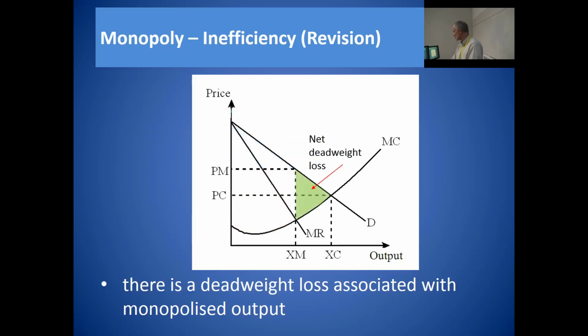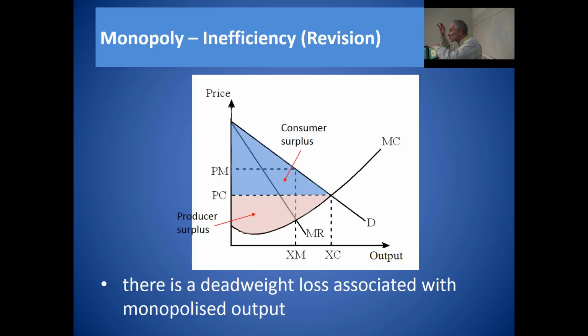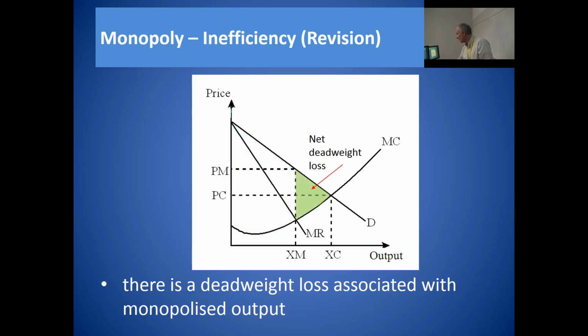But if you compare that to the previous diagram, you'll see that the sum of those two areas is smaller. The monopolised output, the restriction of output, forcing up the market price, means that this area here is not gained by anybody. It's not gained by the producer, it's not gained by the consumer. That is our net deadweight loss of monopoly.